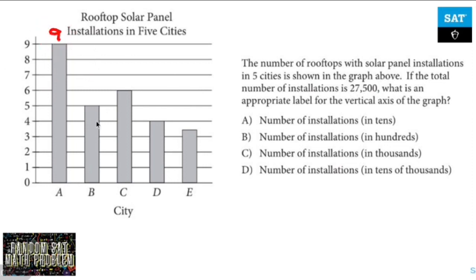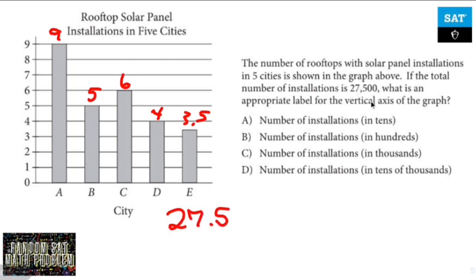So we've got 9 right here. We've got 5 right here. We've got 6. We've got 4, and we've got 3.5. All right. 9 plus 5 is 14, plus 6 is 20, plus 4 is 24. So I got 27.5 going on here. All of these add up to 27.5.